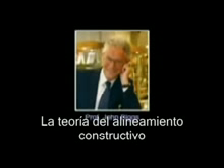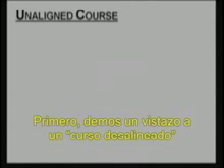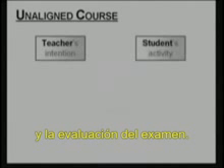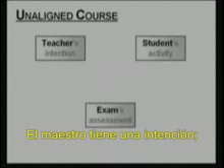The constructive alignment theory was developed by Professor John Biggs. Let's first have a look at an unaligned course. We have the teacher's intention, the student's activity, and the exam's assessment in play. The teacher has an intention.